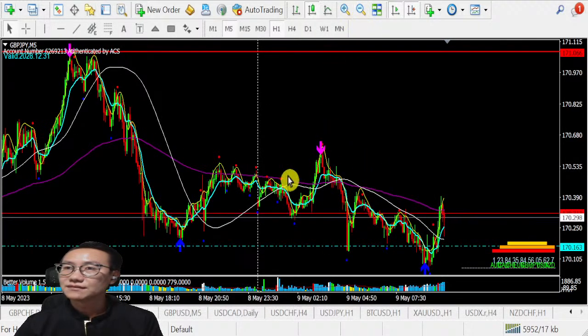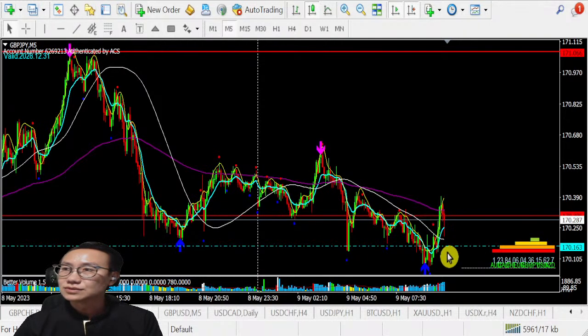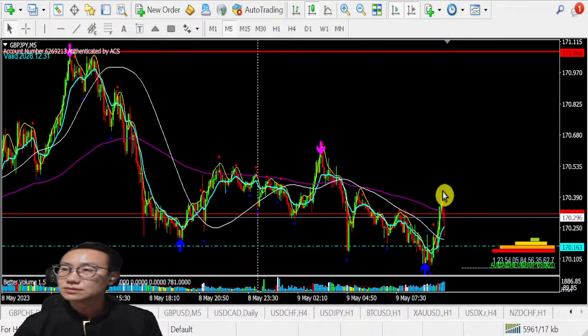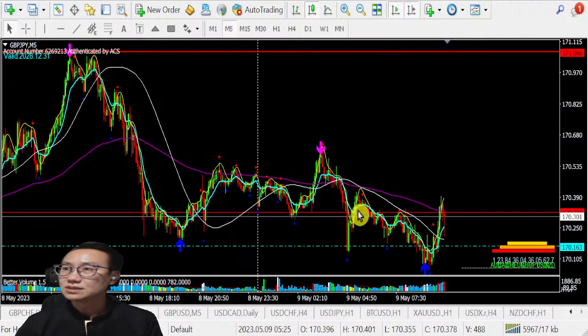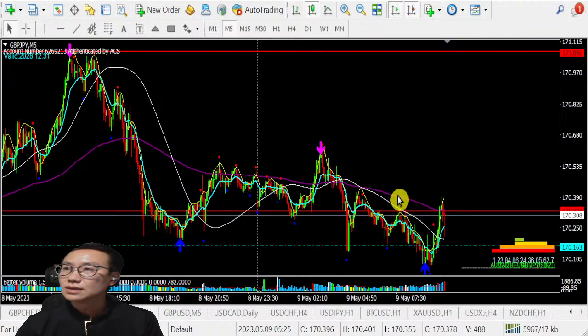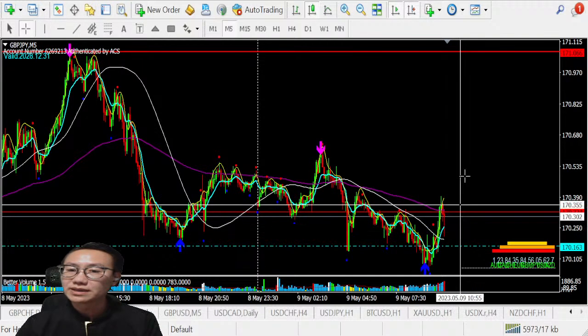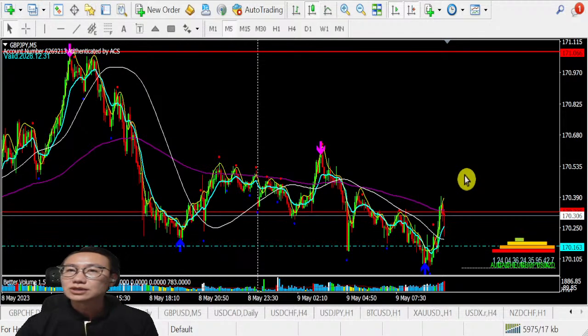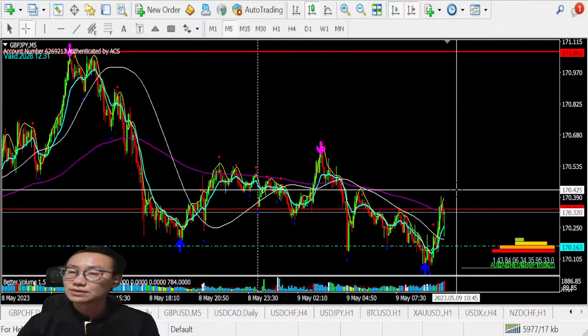It looks like the resistance was unable to hold well for the last 20 minutes. So they are trying to come back. Buying is still buying for now, likely. They are looking out for another resistance before it actually goes for the selling.